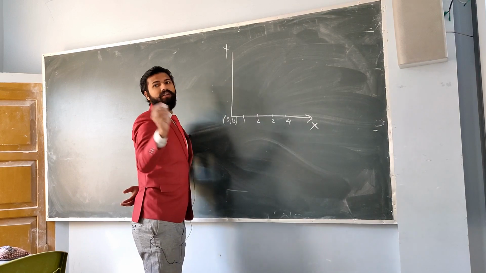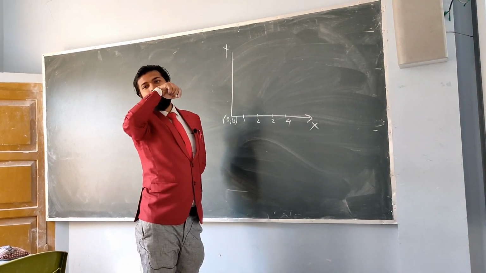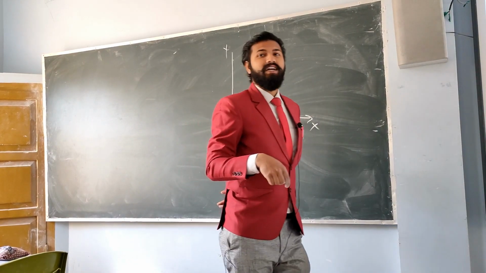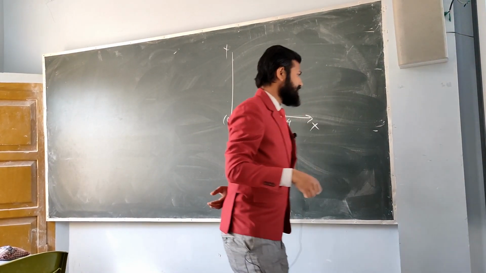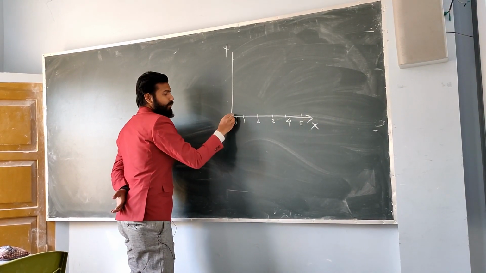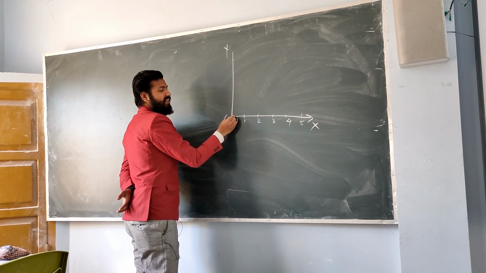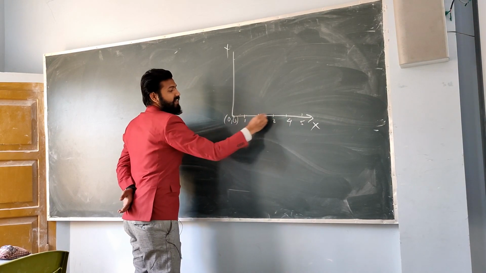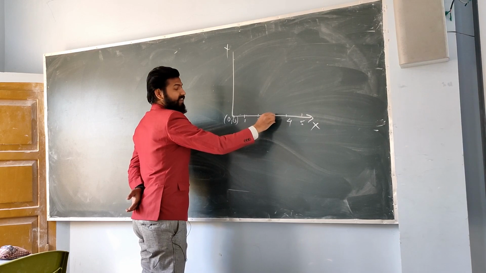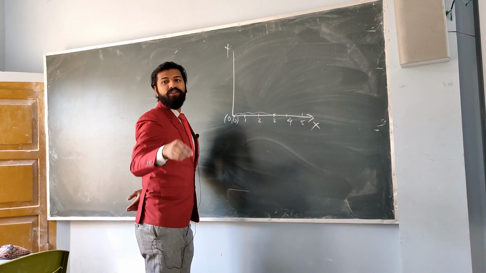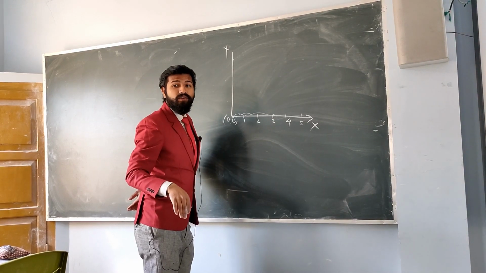Now suppose Jessica stood here and she walked 3 units ahead. So what will I say? What is the vector of u?